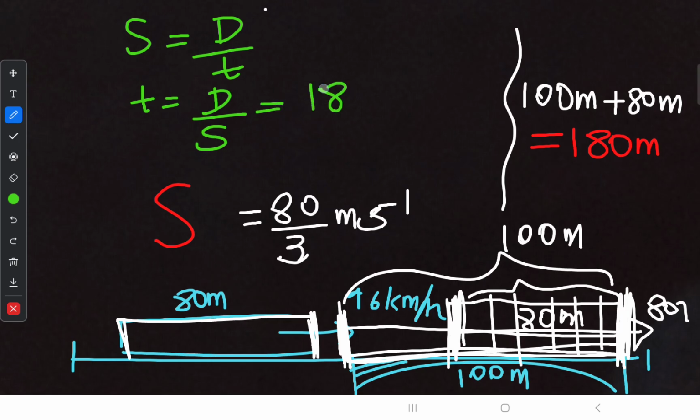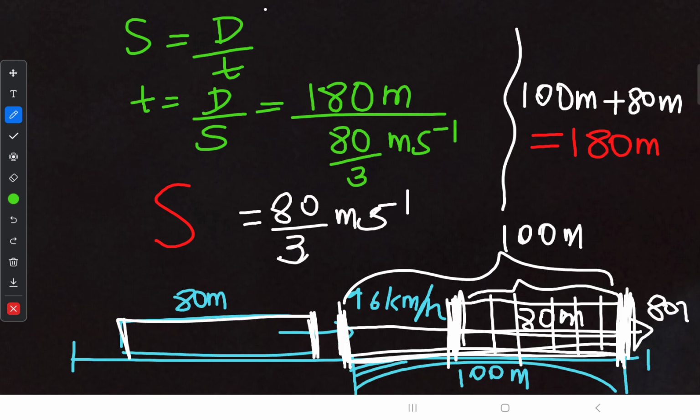Distance 180 meters upon 80 upon 3 meter per second. Meter and meter can be simplified. For this denominator there is another denominator, so we can take it as a numerator.